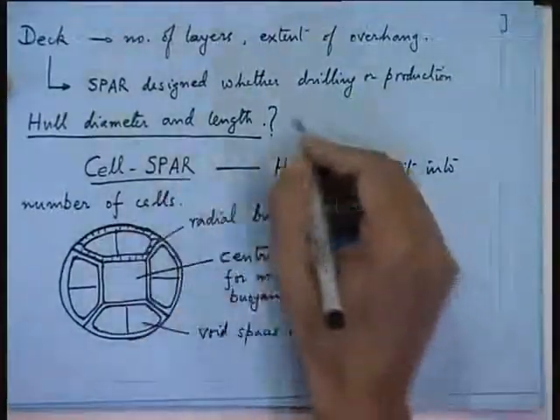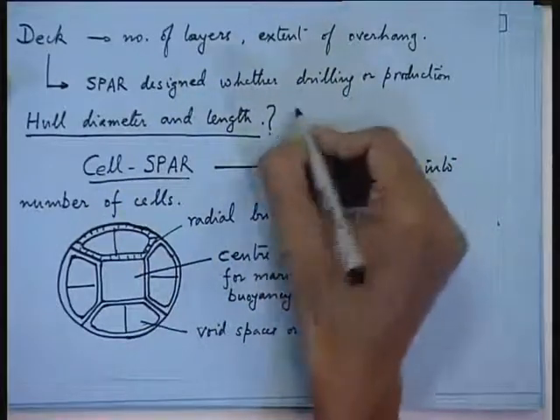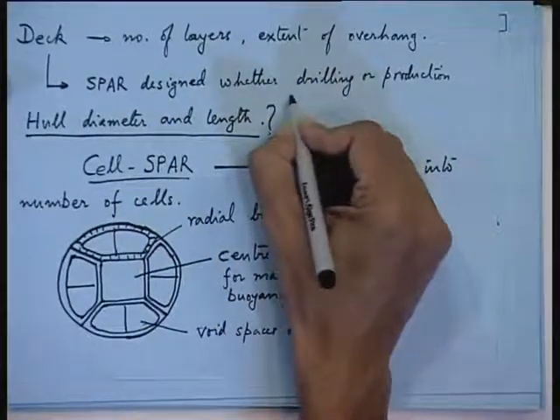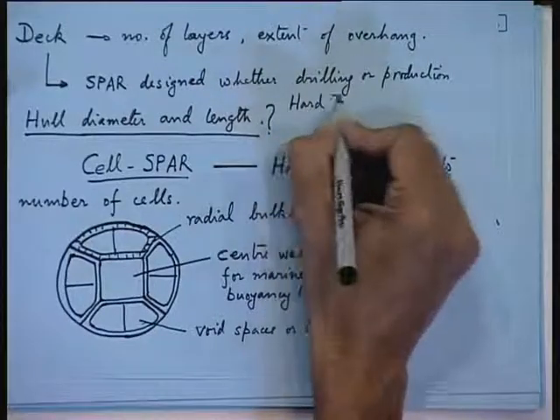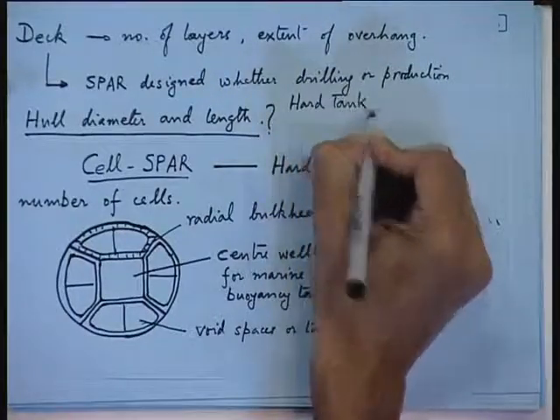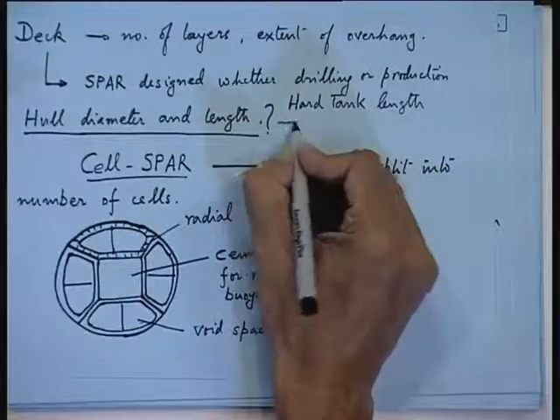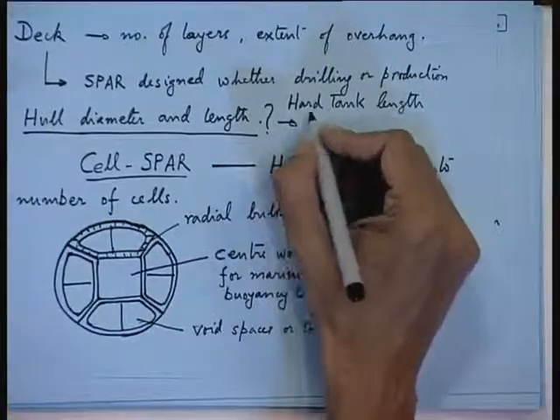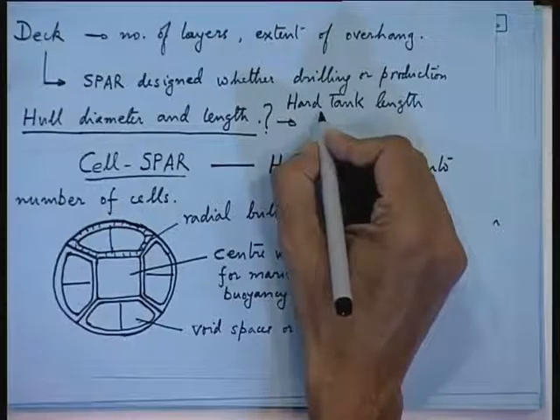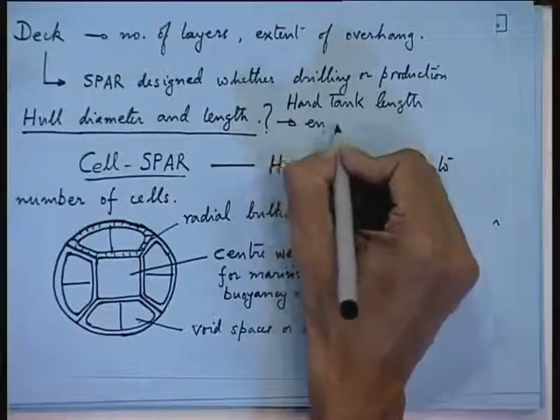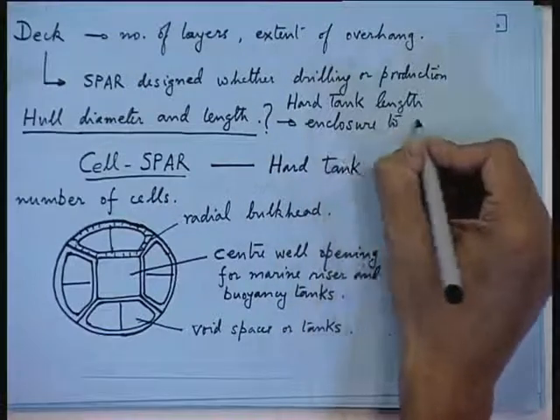So, this hull diameter I have told you, you calculate from this, and the hard tank length is dependent on the enclosure of the buoyancy cans.